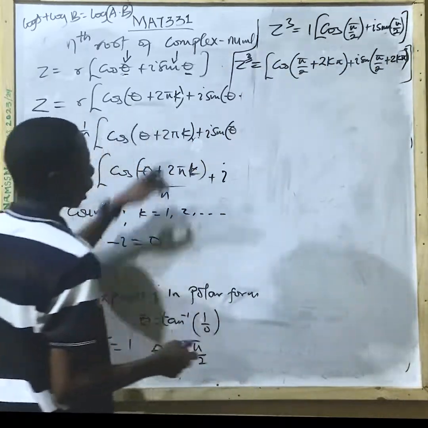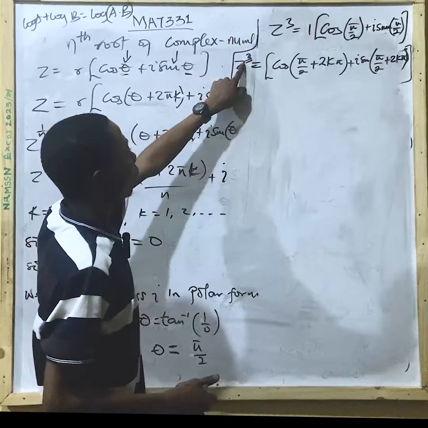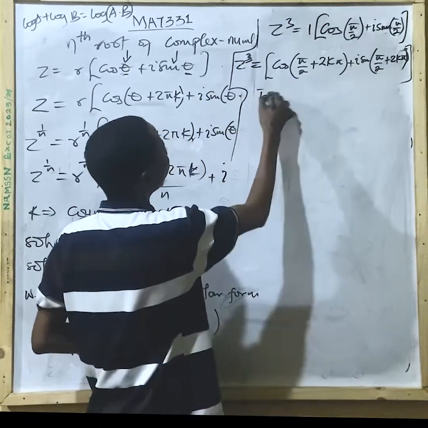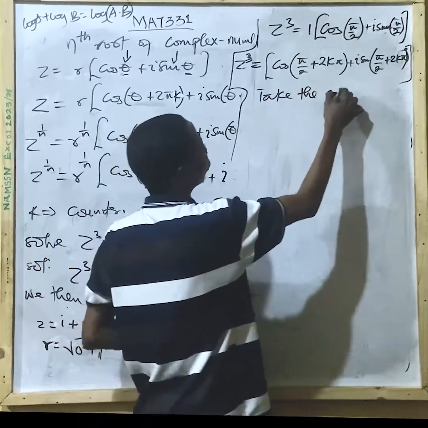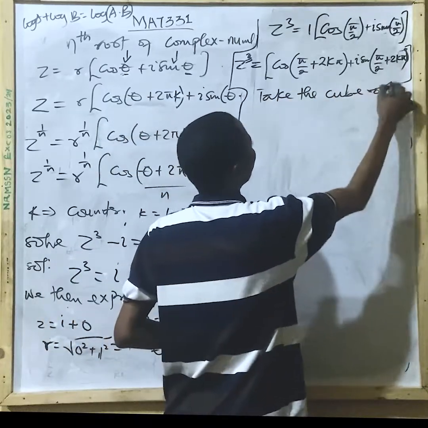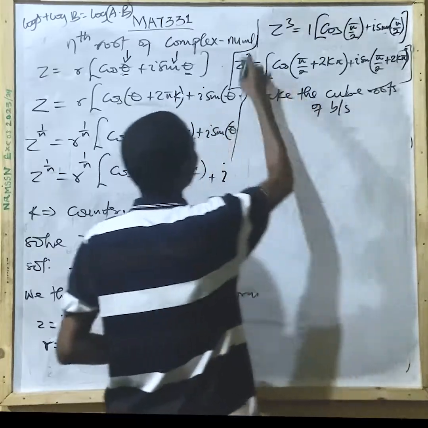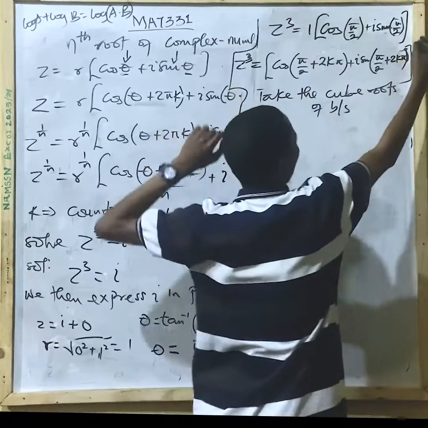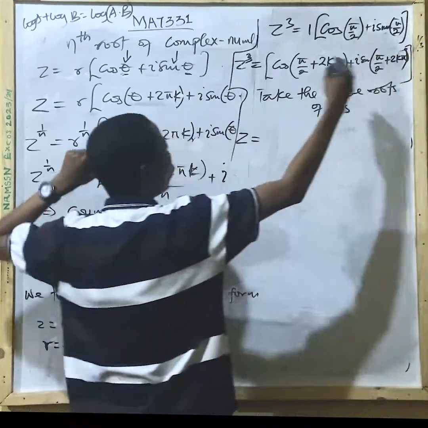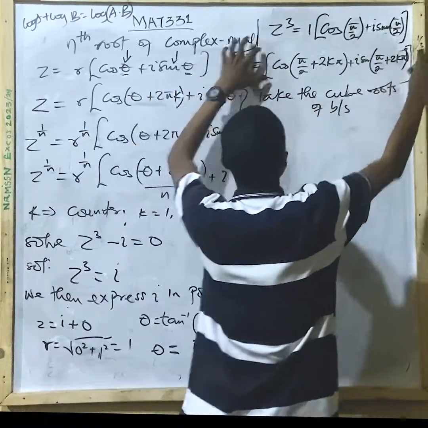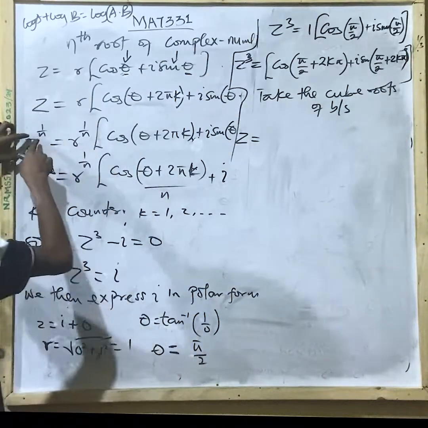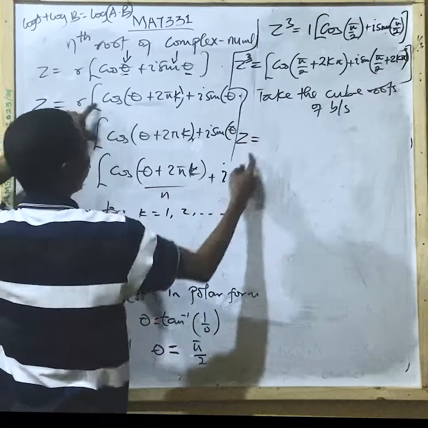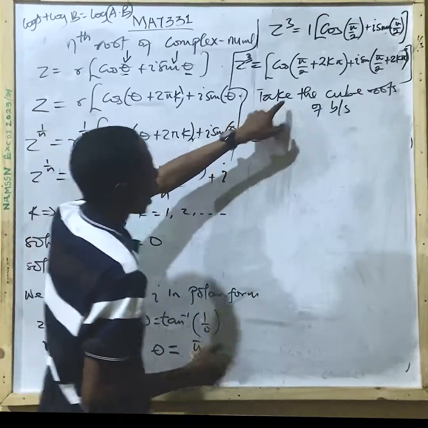This is z raised to power 3. Now in order for me to find z, what am I going to do? I will take the cube root of both sides. Cube root is like having raised power 1 over 3. And you recall that z raised to power 1 over n is r raised to power 1 over n times cos theta plus i sin theta, all raised to power 1 over n.